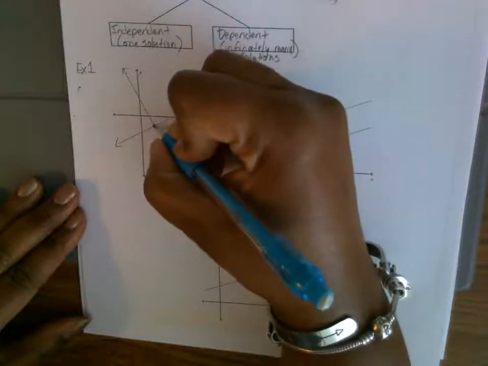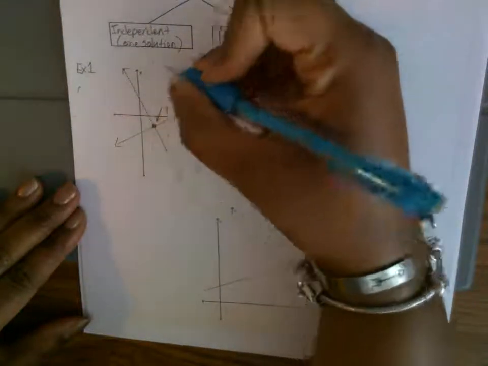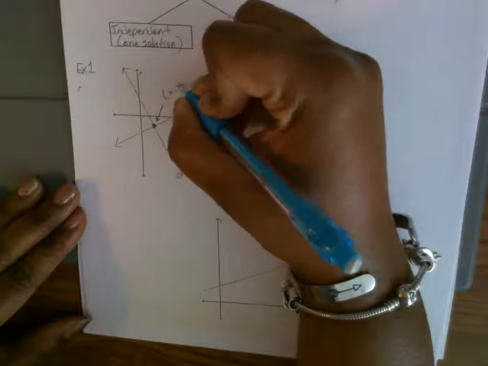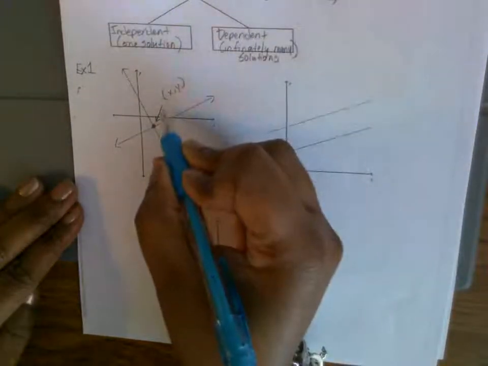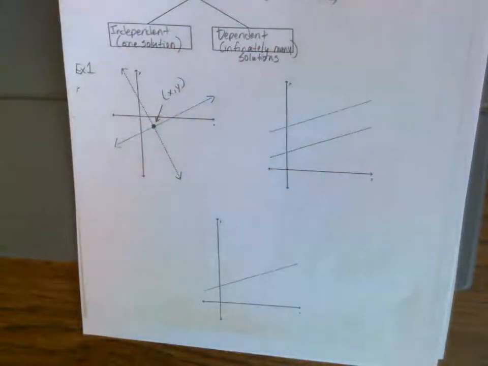It has one solution. It has whatever this x and y is. It's only one solution because these lines or equations only share one point. They cross at one point. They share only one point.